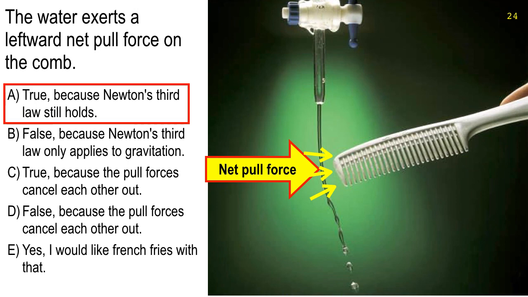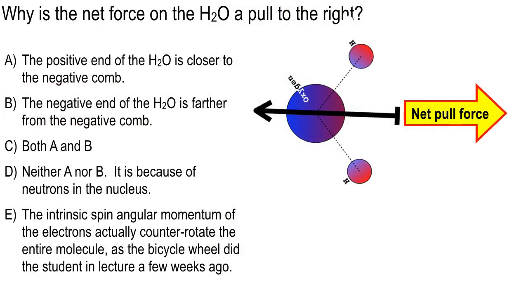C, true, but the pull forces, third law of forces, don't cancel each other out, because they act on different things. If the comb is pulling the water to the right, the water is pulling the comb to the left. But you don't really say those forces balance because they're not acting on the same thing. They're interaction forces.